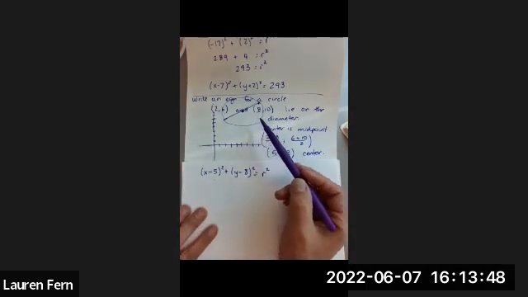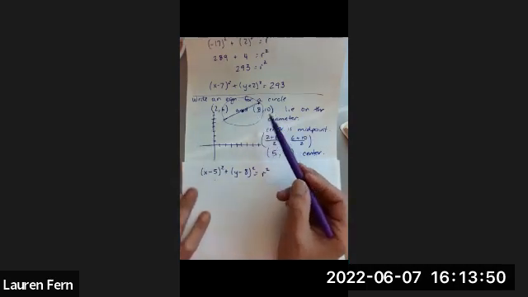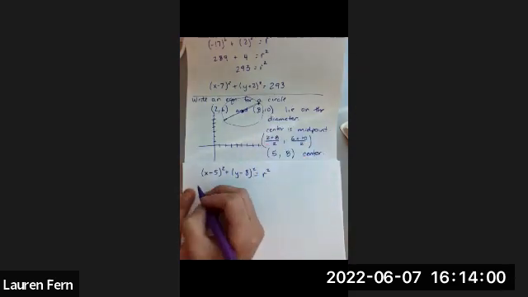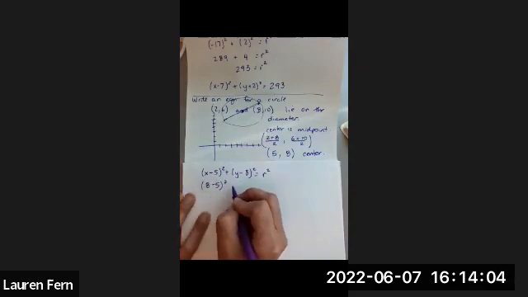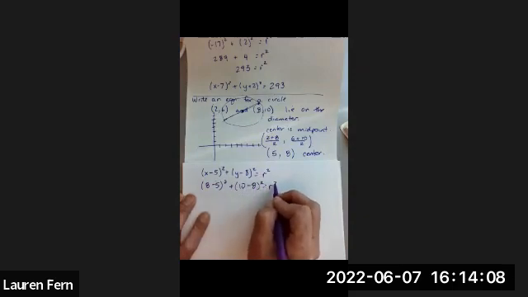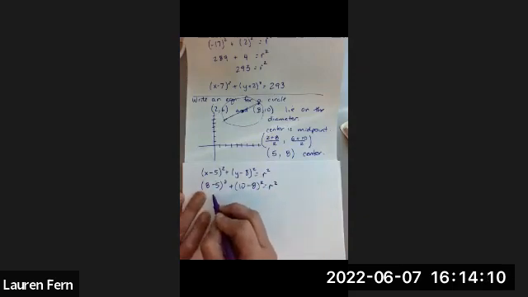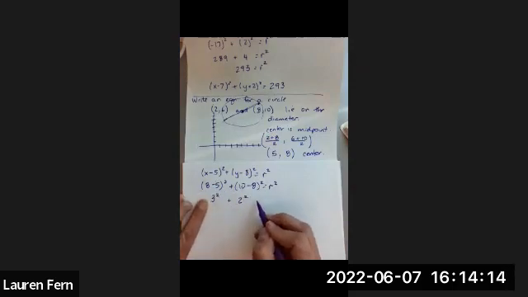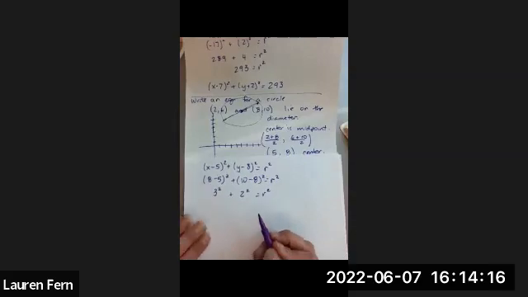Okay, I'm going to take my ordered pair 8, 10. Again, it doesn't matter which ordered pair you pick, same as when you find the equation of a line. Infinitely many points on the line, you better always get the same equation. So I'll say 8 minus 5 squared plus 10 minus 8 squared is r squared. 8 minus 5 is 3 squared. 10 minus 8 is 2 squared is r squared.